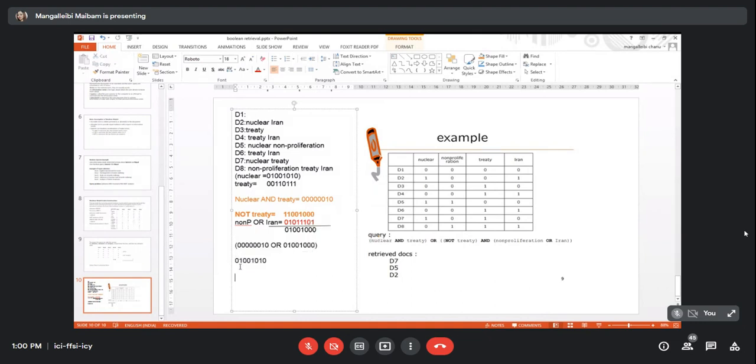D1 is 0, D2 is 1, so D2 will be retrieved. D3, D4, D5, D5 will be retrieved. D6, D7, D7 will be retrieved. So the retrieved documents are D2, D5, and D7. This is how you are going to perform the Boolean retrieval method. Okay, for today, let's wind up here.